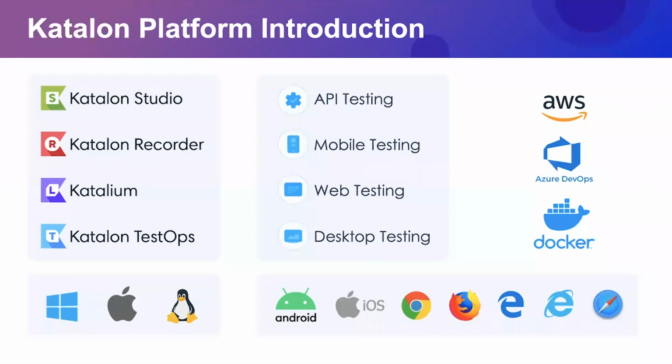Katalon is also available on cloud platforms such as Docker, Azure DevOps, and Amazon Marketplace. You can start using Katalon right in Amazon without installing anything on your machine.